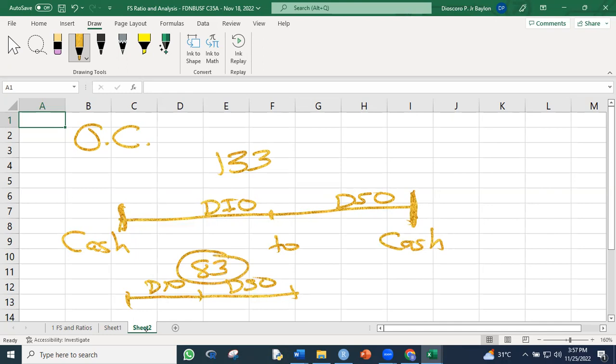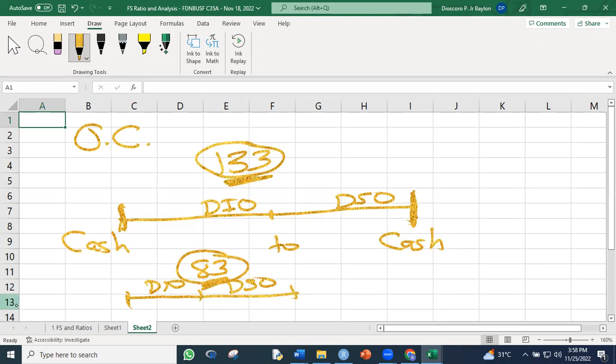Tayo 133. Ibig sabihin, plus 50 days pa bago natin makolekta. We can see here the disparity between the operations of our company and the direct competitor. Talong-talo tayo, no? Ang bilis nila, on the 83rd day, tapos na sila eh. Tayo, 133 days pa lang.